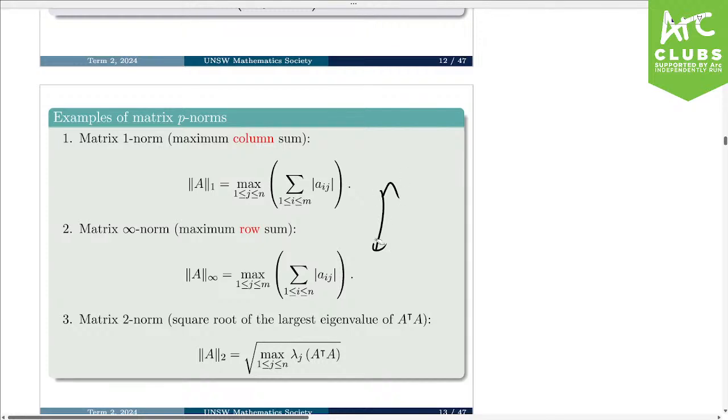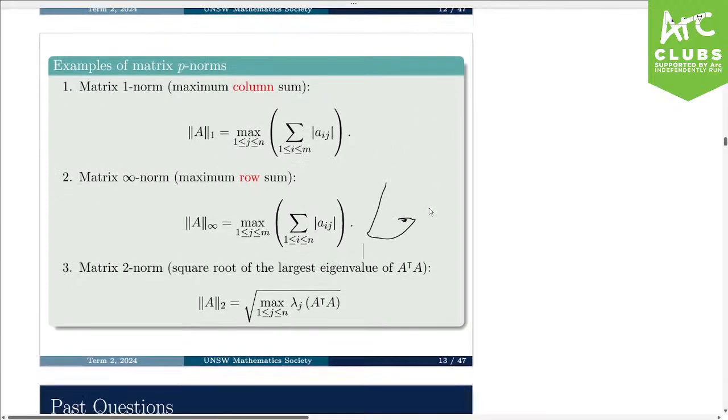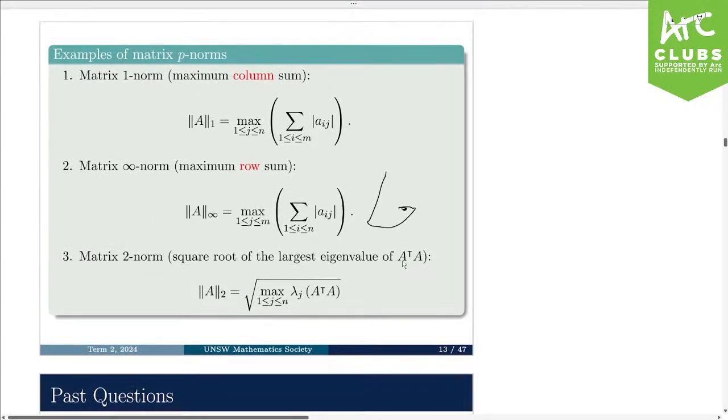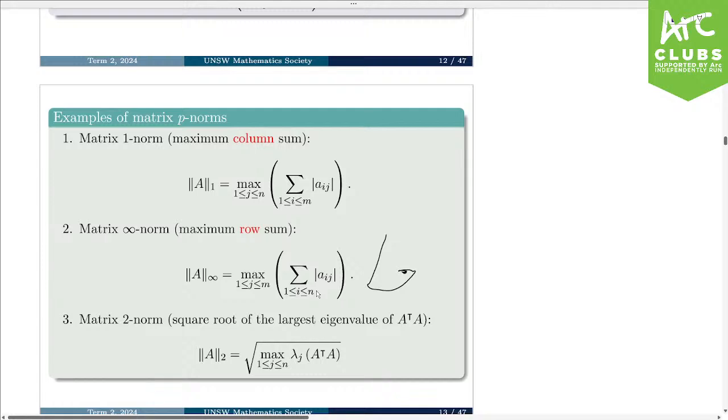So in the piece of paper we can bring into the final, I would write something to remind myself. Okay. Then there's also the matrix 2 norm, which is calculated quite differently. So the matrix 2 norm is the square root of the largest eigenvalue of A transpose A.